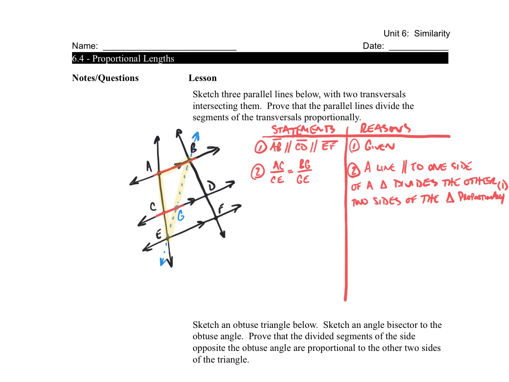And that's because a line that's parallel to one side of a triangle divides the other two sides of the triangle proportionally. But then I could also just do the same exact thing with this triangle.